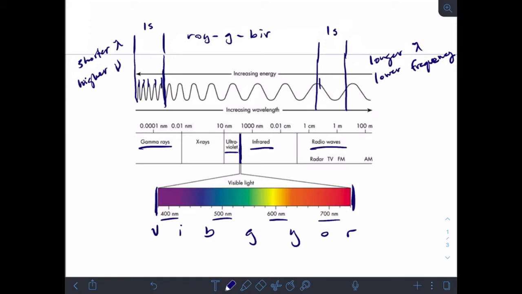I want you to know that short wavelength is your violet light, long wavelength is your red light. So long wavelength, low frequency; short wavelength, high frequency.